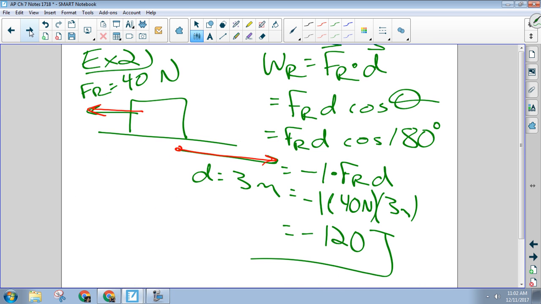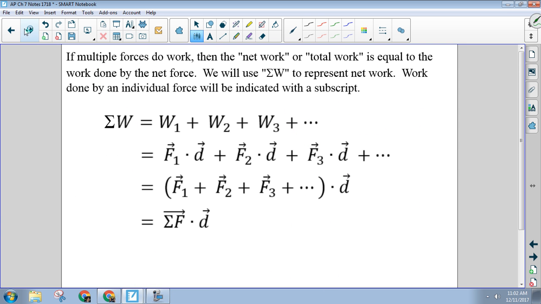Okay, cool. All right, if multiple forces do work, then the net work is the same as the work done by the net force. So the net work is equal to the work done by force number 1 plus the work done by force number 2 plus the work done by force number 3.